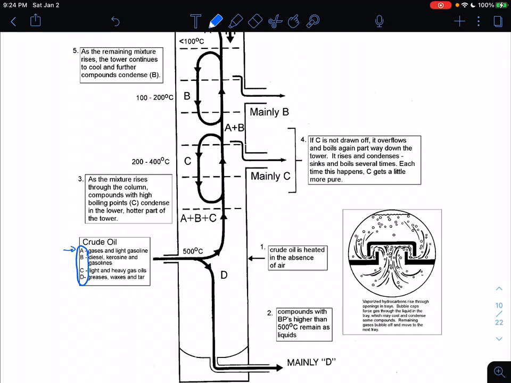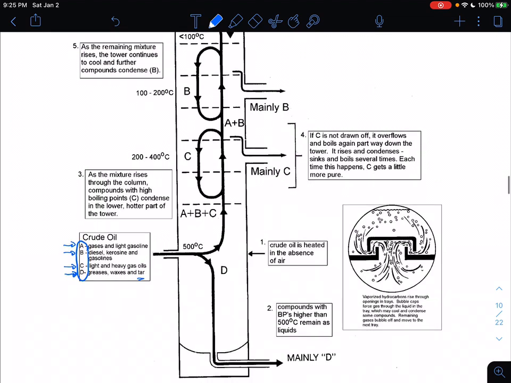B is diesel, kerosene, and other types of gasolines. Again, remember, these are all mixed up. C are light and heavy gas oils, so think about the oil in your car. And D are things like greases, waxes, and tar, tar being used for example in paving.